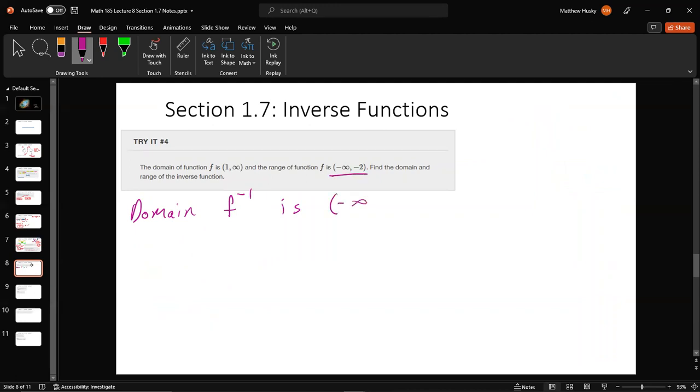So negative infinity to negative 2. That is now the domain. The range of f inverse, what was originally the domain, becomes the range, 1 to infinity. So the punchline here, the big takeaway, domain and range switch places.